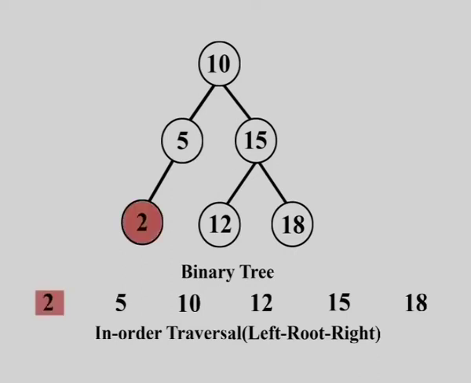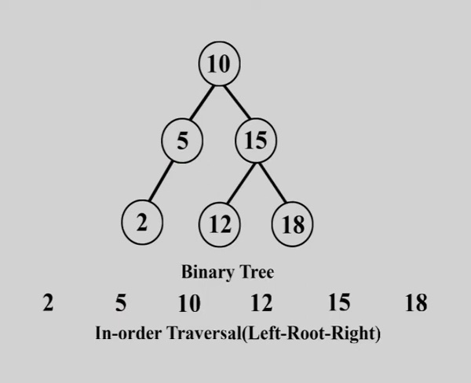Look at the figure. In this tree, firstly the left subtree of 10 is visited in left root right order, after which the root of the tree 10 is visited, and then the right subtree of 10 is visited in left root right order. Here, the left subtree of the root node contains the elements 5 and 2. In this subtree, 5 is the root which will be traversed after its left subtree.